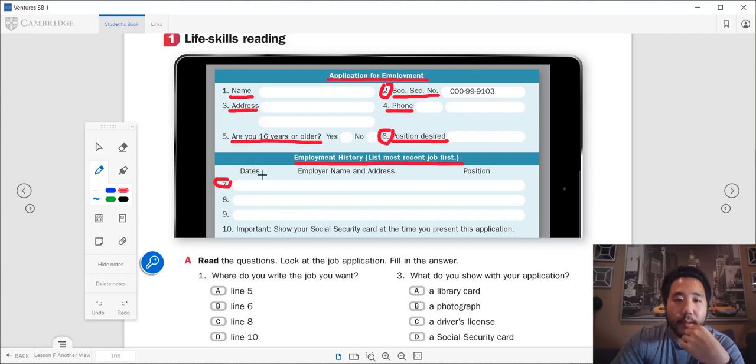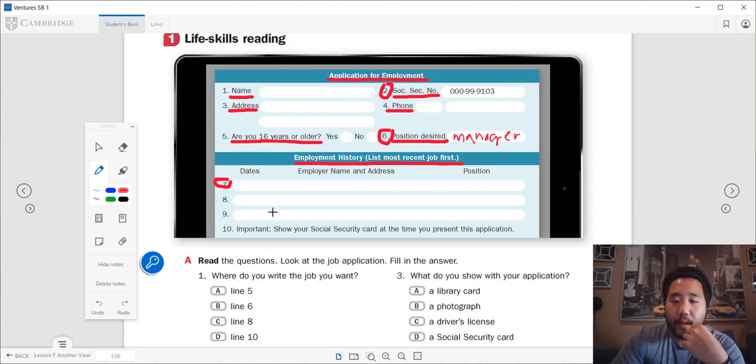We have dates, employer name and address, position. For example, for position desired, I could say I want to become a manager. That's what I'm going for. Manager. I could be a manager of a restaurant or a manager of somewhere else.